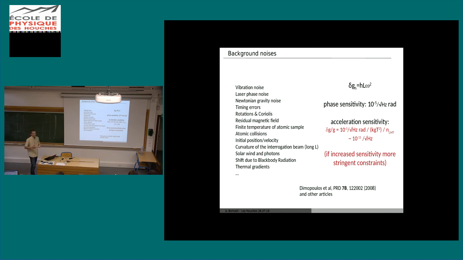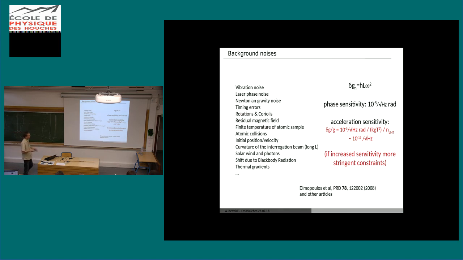As we said, we are intrinsically insensitive to vibrations, even on ground, because the atoms are in free fall. But at the launching time, the laser or the tools that you use to launch, they move, they vibrate, and so there is some effect. They can be controlled. There is the curvature of the beam used to manipulate these atoms, because if you consider a distance of kilometers, hundreds of kilometers or more, you will have a curvature that imprints momenta that are not directed along the optical link.